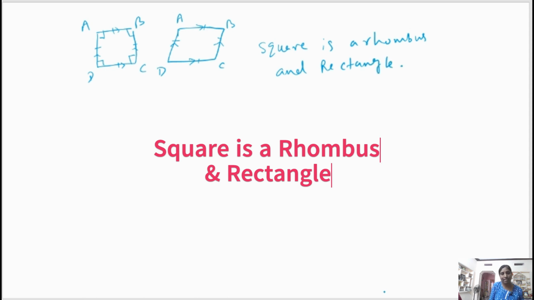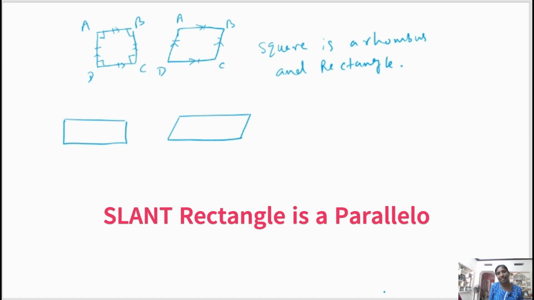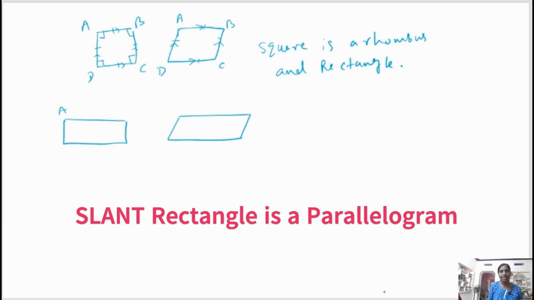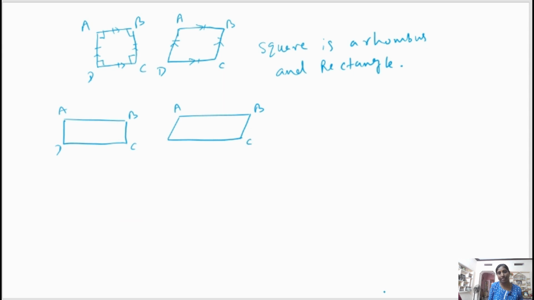Now let us take a rectangle and a parallelogram. A slant rectangle is a parallelogram. Let us name them ABCD.